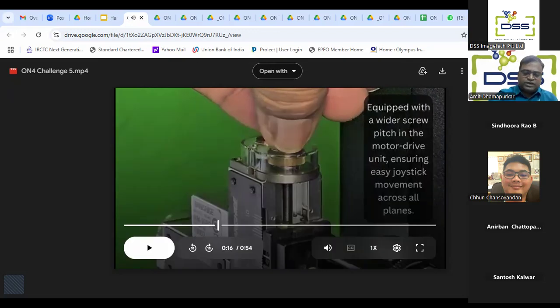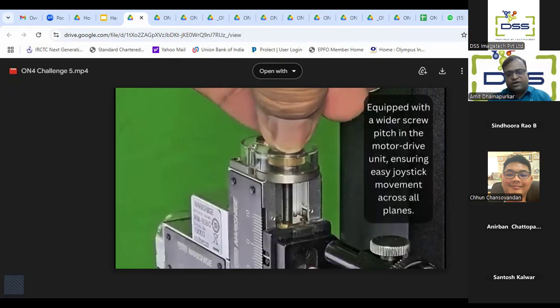So as I said, this can happen in motorized mode whenever we are doing coarse adjustment or whenever we are doing it manually. Both times it happens. So we just need to take care of greasing and all.